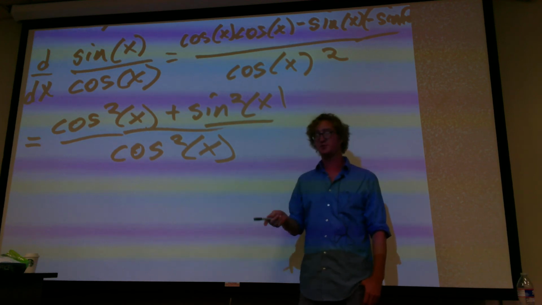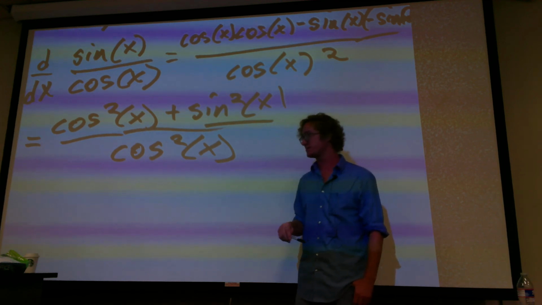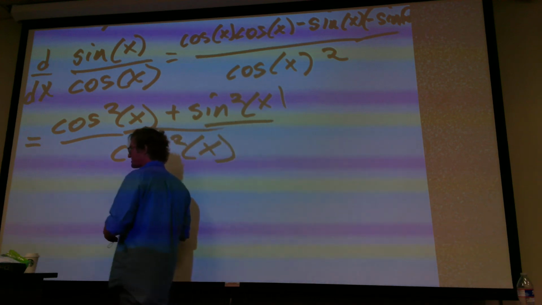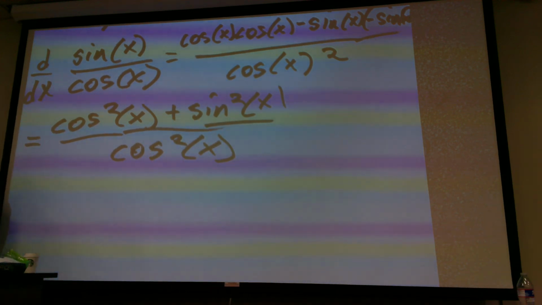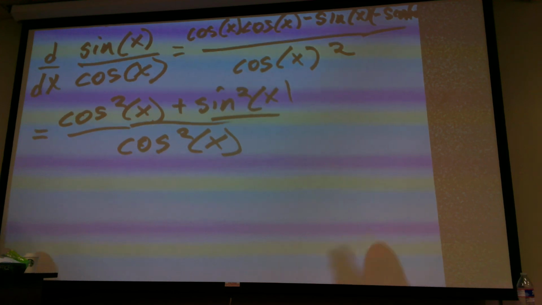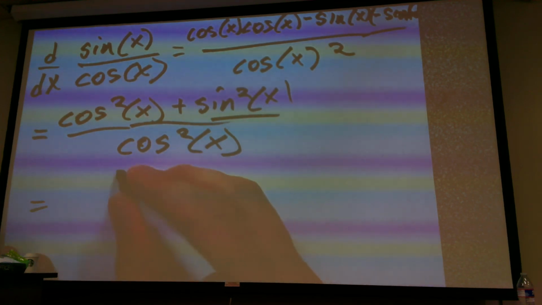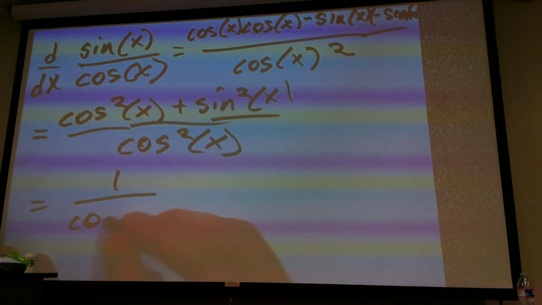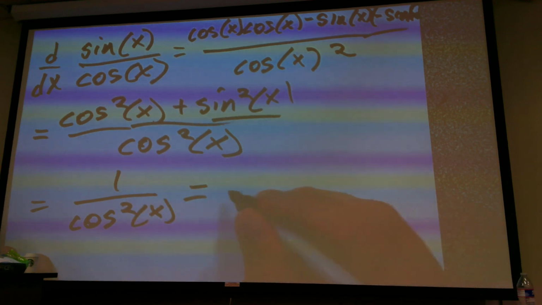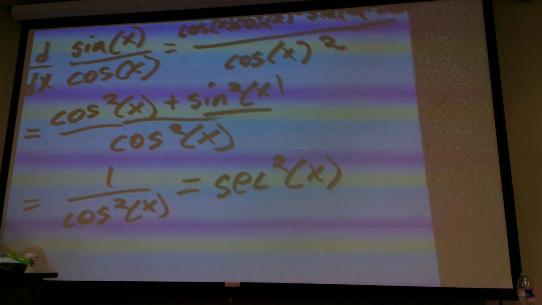This is a little bit trickier, but 1 plus tangent squared is secant squared. But if you just know that sine squared plus cosine squared equals 1, this is going to come out to be 1 divided by cosine squared of x, which will equal secant squared of x.